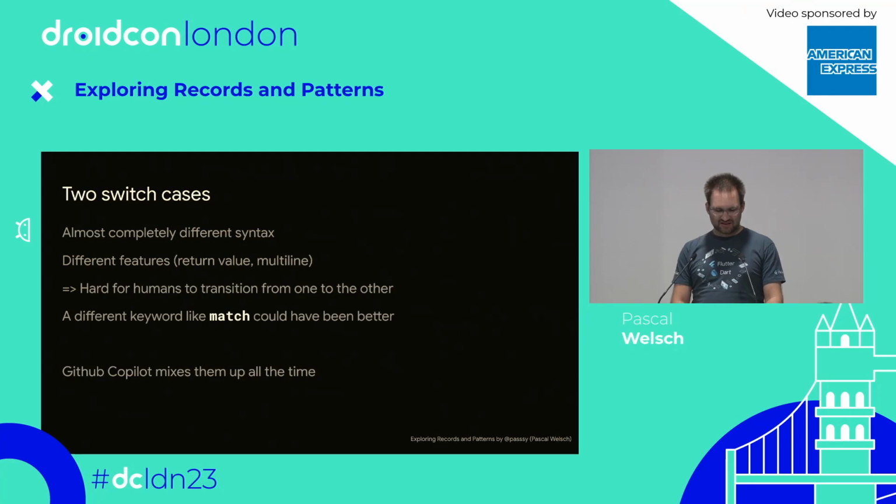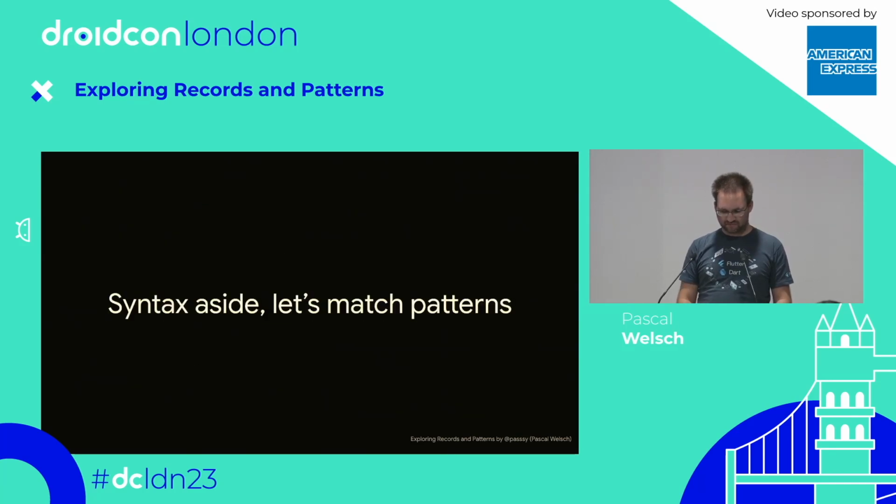And trust me, GitHub Copilot has a hard time seeing the difference between them. These days, if you create a switch expression in GitHub Copilot, sometimes it gives you the switch expression, sometimes a switch case, sometimes a mix which doesn't compile at all. It's really hard for LLMs to see the difference and generate new code that is correct.